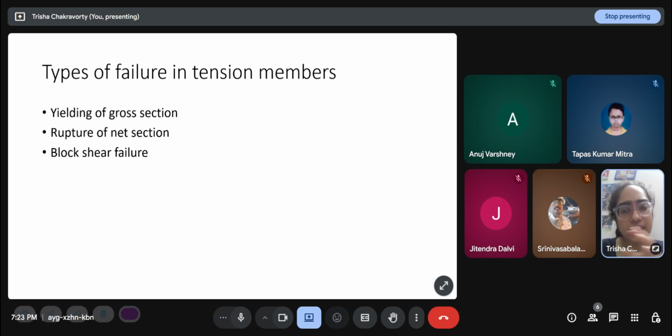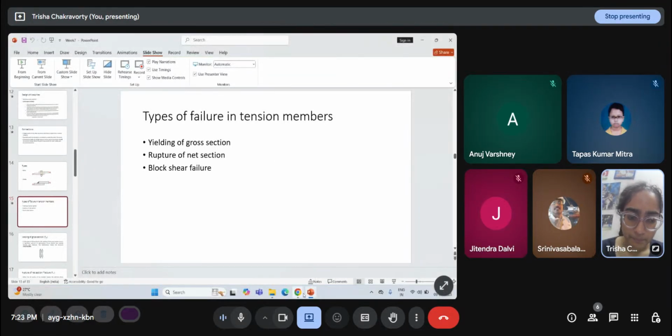After all, whether it fails in shear or in bending, the material only knows that my yield strength or my ultimate strength is getting exceeded. It doesn't know whether it's occurring due to bending or shear. But if the bending stress developed in the structure for the same loading is larger than that developed by the shear force, then bending is the critical mode of failure. So in other words, we calculate the capacity of the section corresponding to all of these limit states, and we take the minimum as the overall capacity of the tension member.